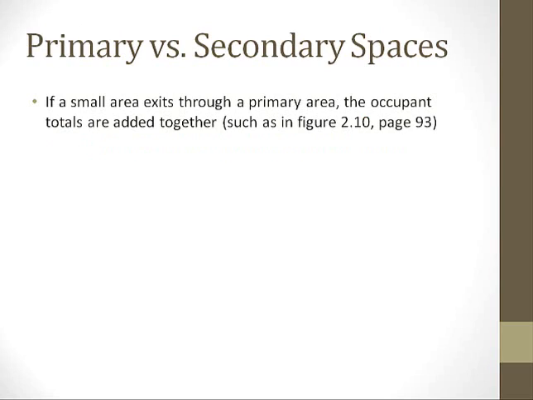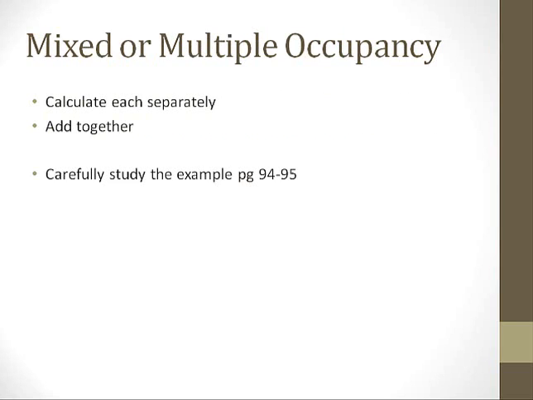Now let's talk about the different types of spaces. If there's a small area that exits through a primary area, the occupant totals are added together. So check out that floor plan on page 93. If you have a mixed or multiple occupancy, you calculate each separately and then you add those together.